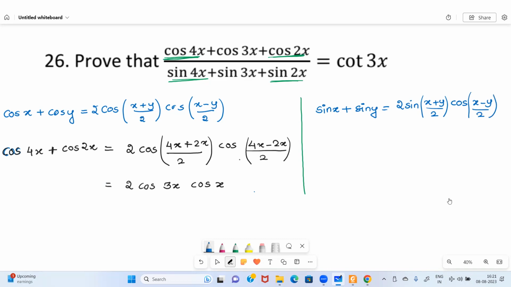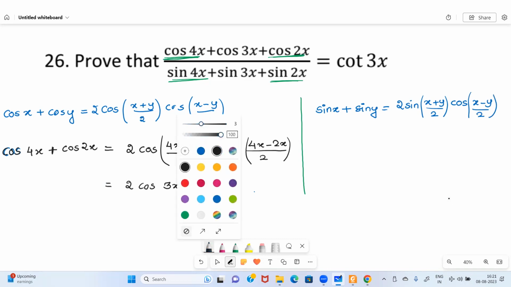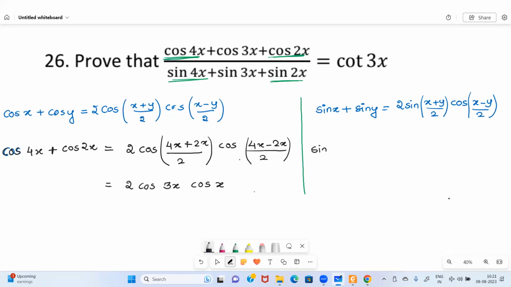So, in our problem, what is the value of x and y? In place of x, you have 4x. So, we are doing sine 4x plus sine 2x. So, this is going to be 2 sine (4x plus 2x) divided by 2, multiplied by cos (4x minus 2x) divided by 2.